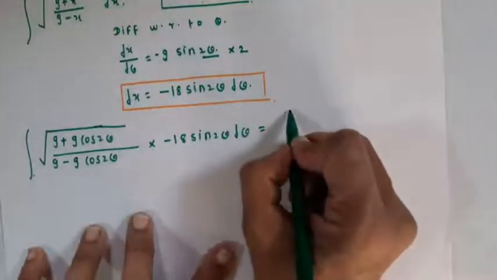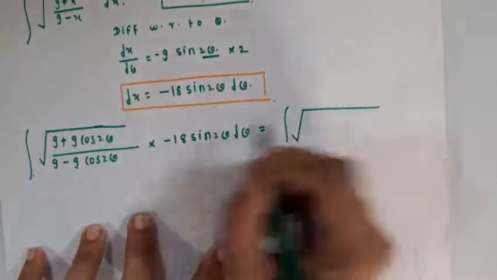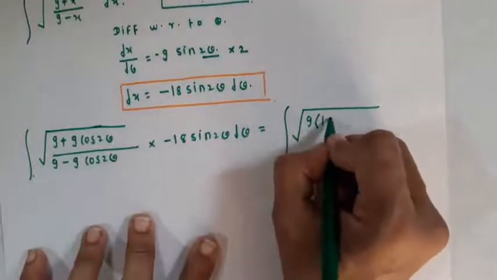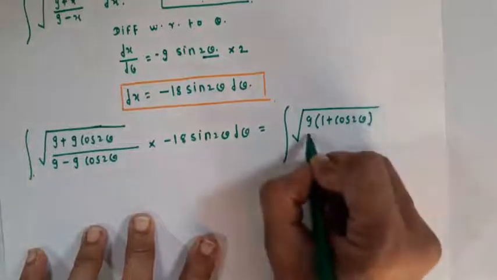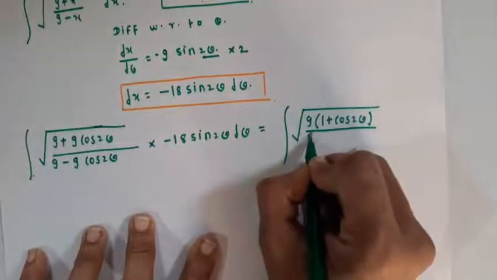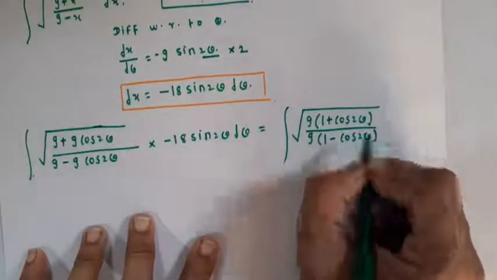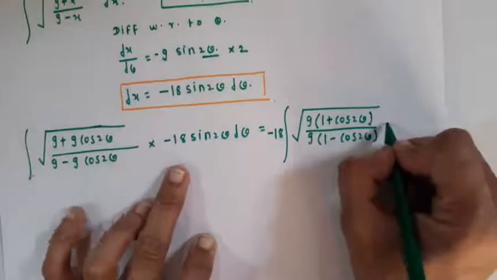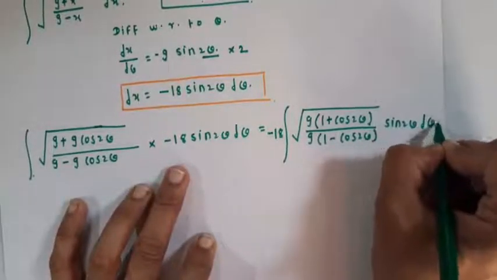Hence the integral is, taking 9 common, square root of 1 plus cos 2 theta divided by 9 into 1 minus cos 2 theta, with minus 18 as a constant outside the integral, into sin 2 theta d theta.